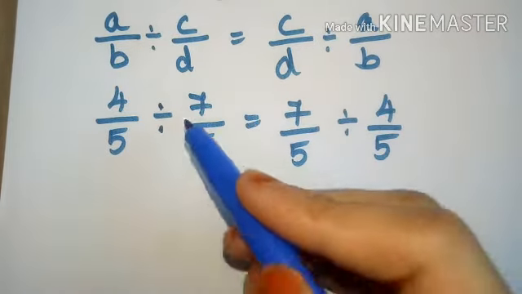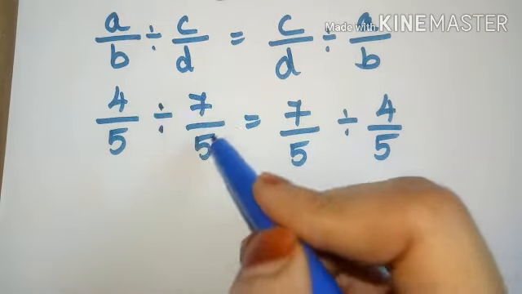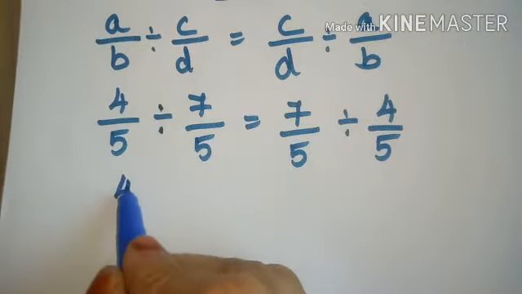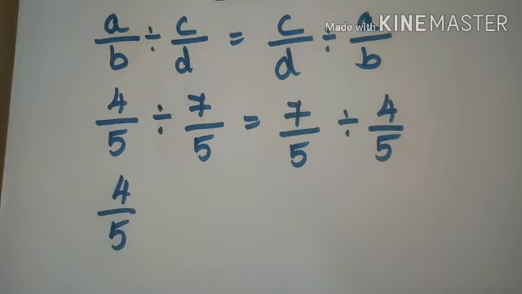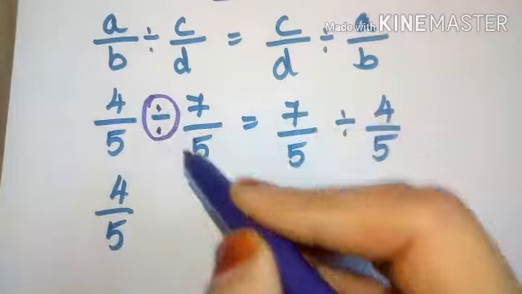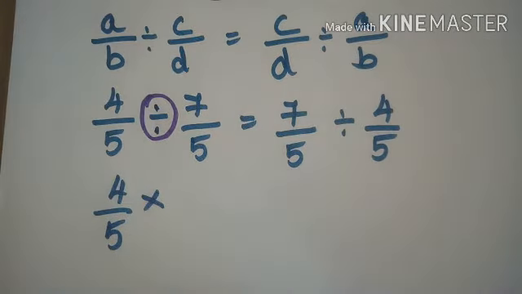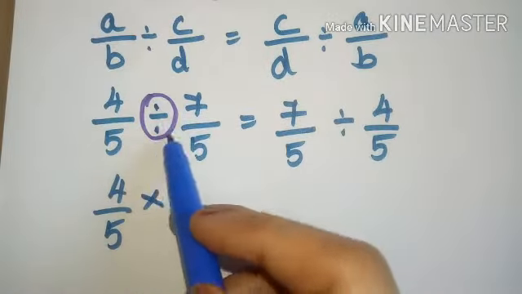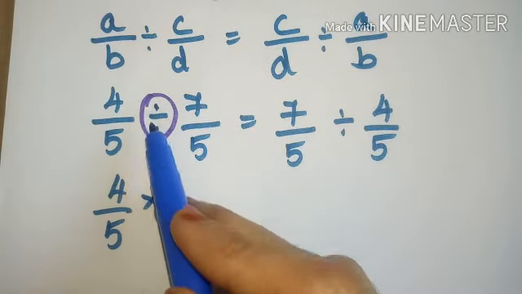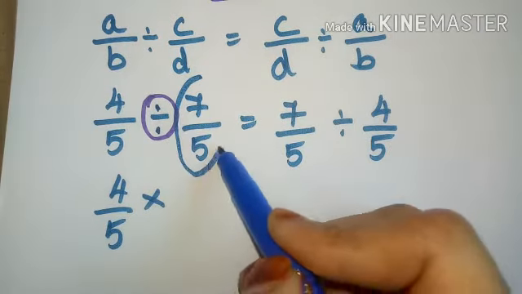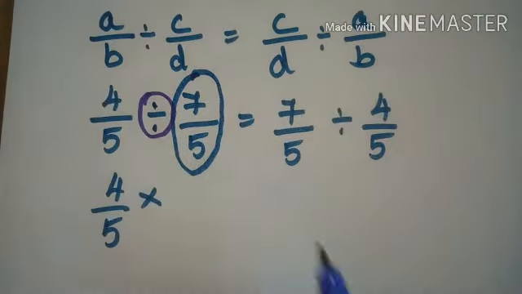Division means, if we want to divide fraction numbers, there is one easy trick. You just convert the division into multiplication. Instead of doing division, multiplication is easy. How can we easily convert this? We have to take the reciprocal of the second term.